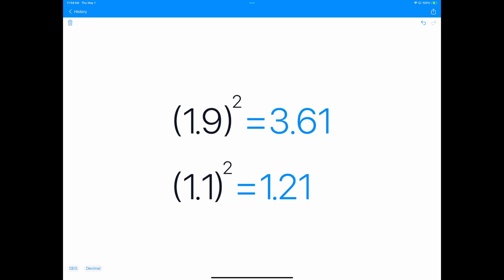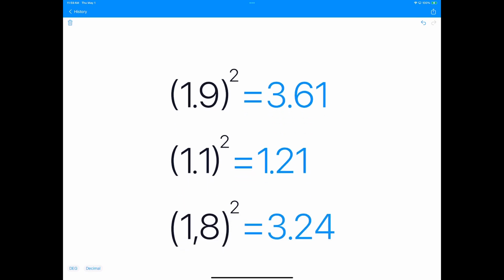So the closer you get to 2, the closer you get to the actual value of 3, right? So 1.8 squared. Let's see what that gives us. That's 3.24, which is still too big.